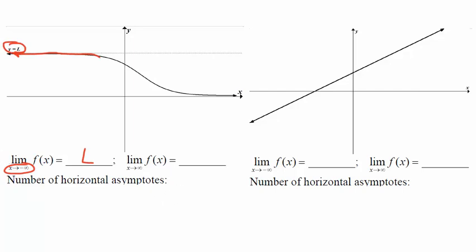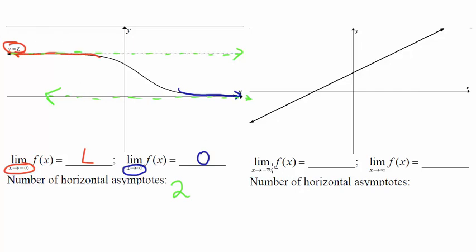When I go to the right, it's getting really, really close to the x-axis, which would be a value of 0. Now how many horizontal asymptotes do we have? One is quite obvious because this little dotted line that they drew for us is one of them. But you see there's another one here at 0. So this one is going to have 2 horizontal asymptotes.